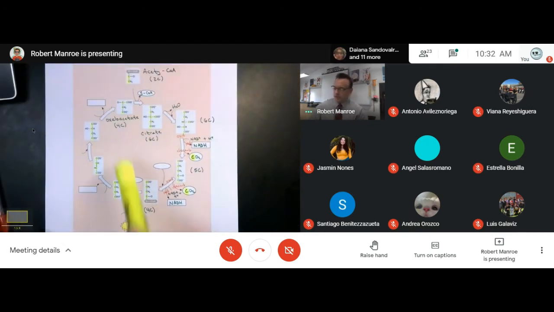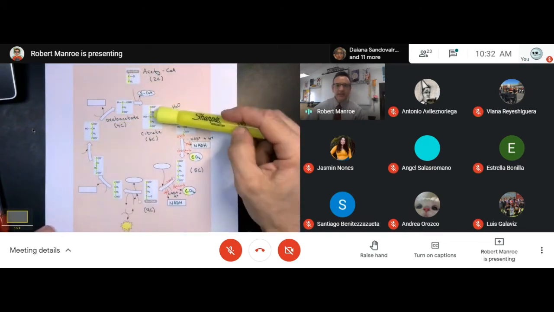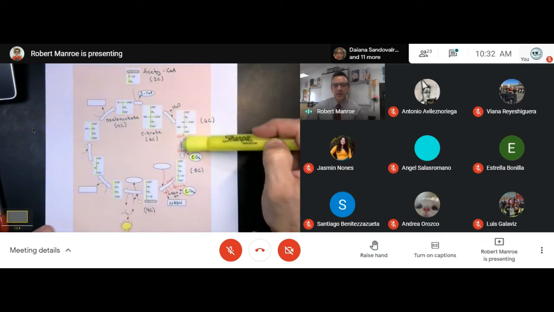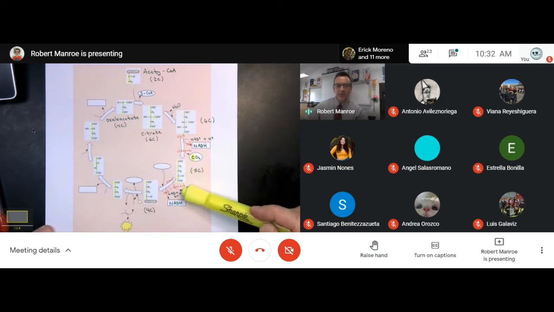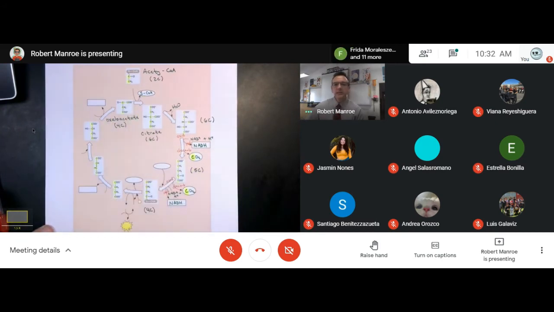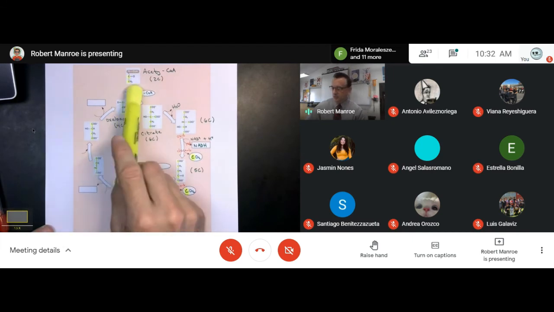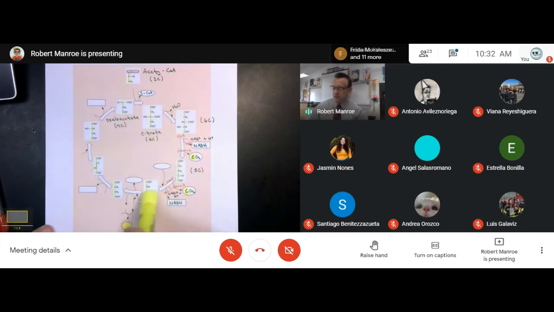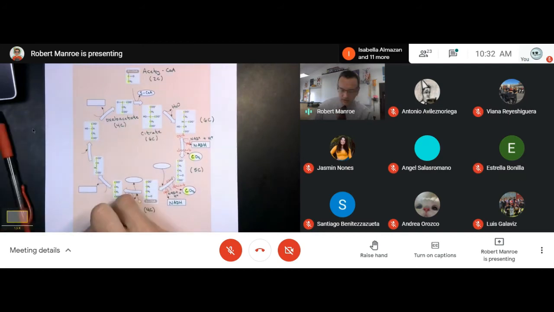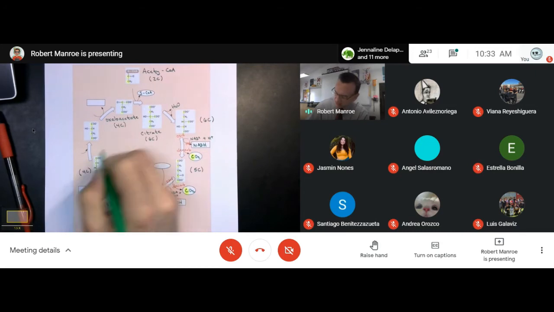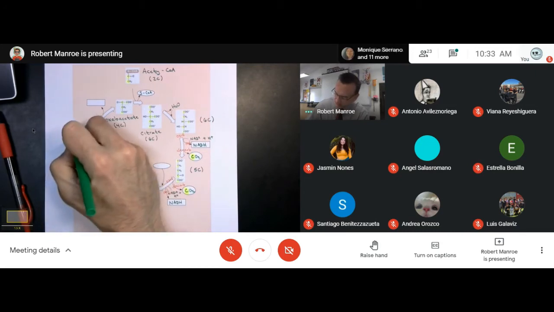So 4 plus 2 is 6. 6 minus 1 is 5. 5 minus 1 is 4. And now the same number of carbons cycle back. So these are all 4 carbons over here. There's no decarboxylation over here at all.